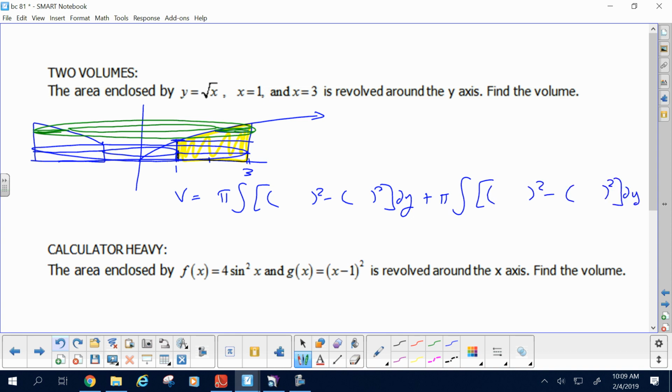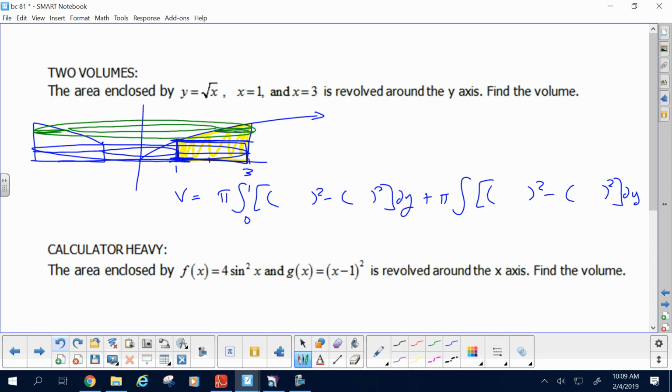Okay, so the lower region. Let's go to the limits now. When does that lower region start and stop, y start and stop? 0 to 1, okay?